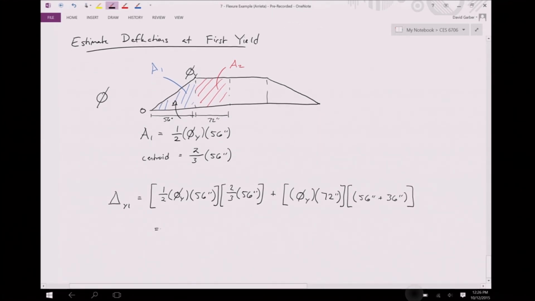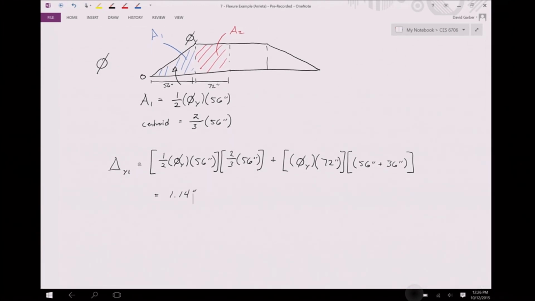So this will give us a deflection of 1.14 inches. And this is at first yield.